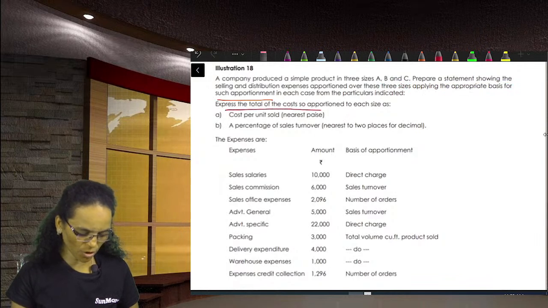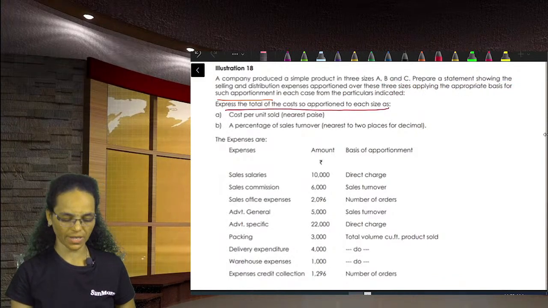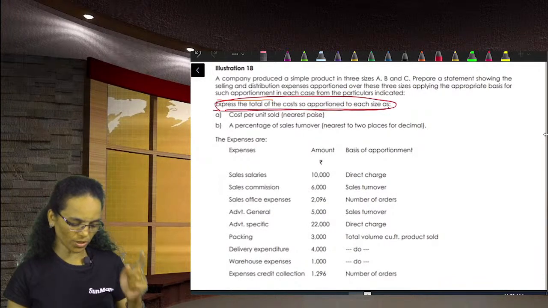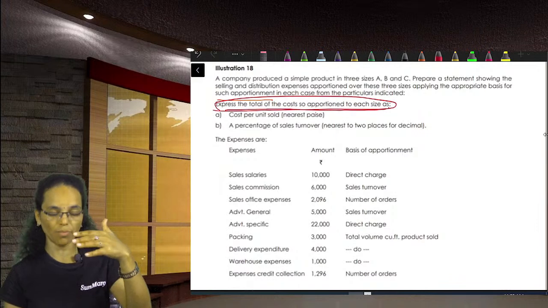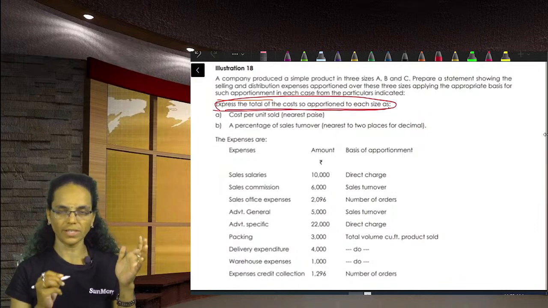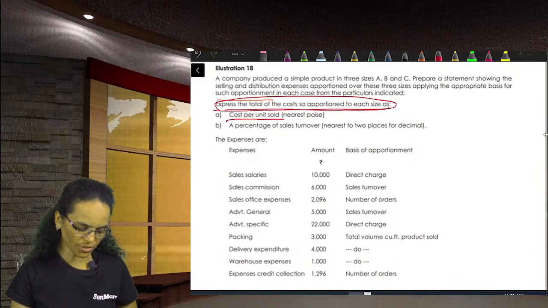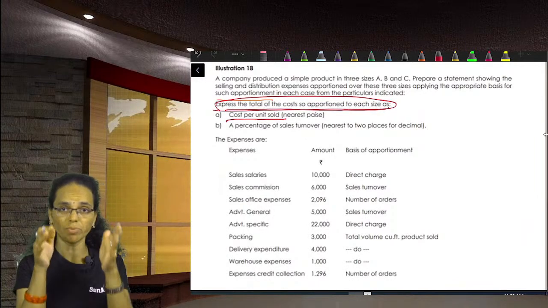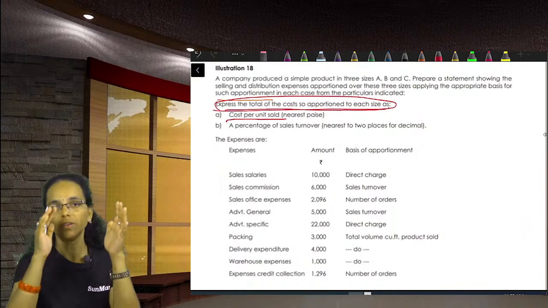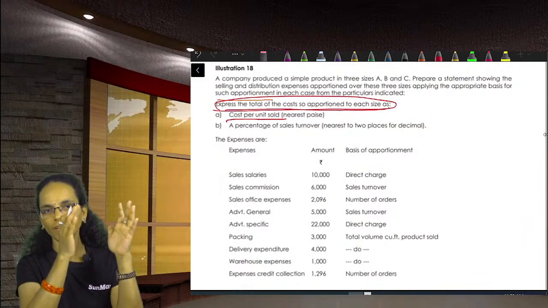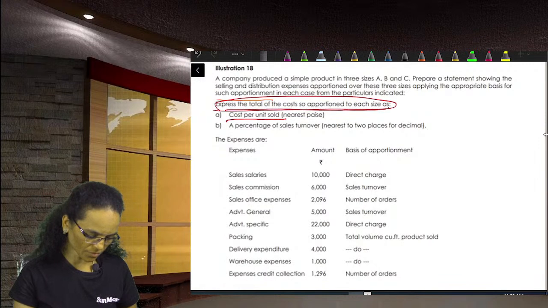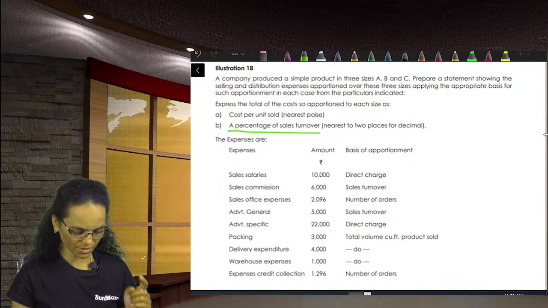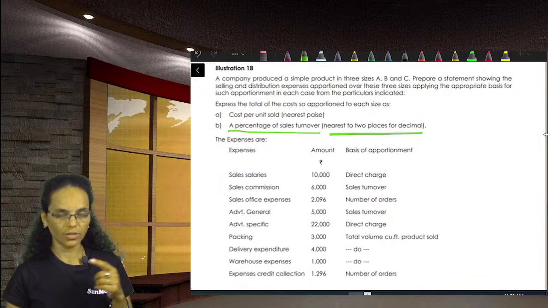Express the total of the cost so apportioned to each of the sizes as cost per unit sold, and as a percentage of sales turnover, nearest to two decimals.